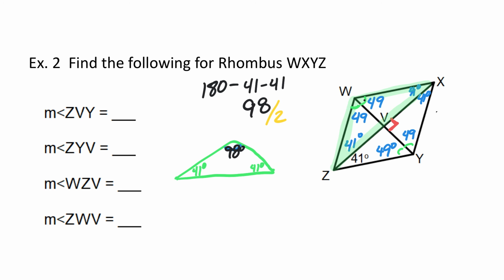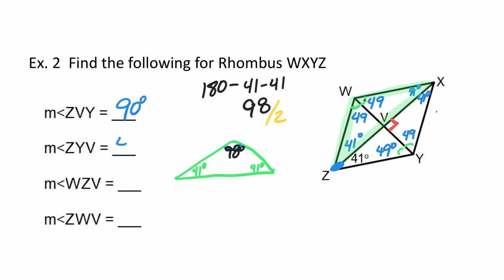So now that we have all the information, let's get our answers. This says from Z to V to Y. Okay, well, that's the center angle. So that's one of our right angles, 90 degrees. Next thing, from Z to Y to V. That's the 98-degree angle, but half of it.